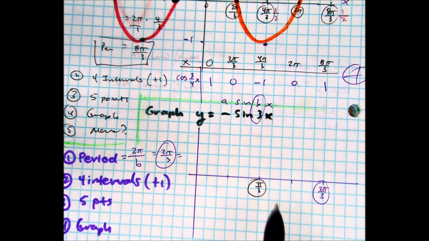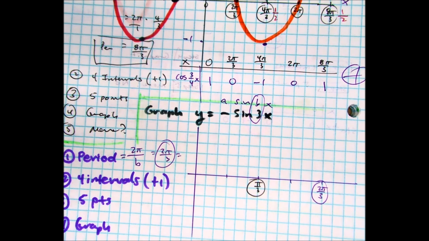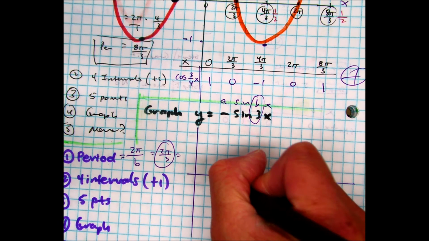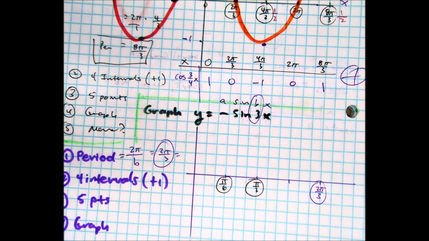Danelle, what's half of pi over 3? Louis, if I add pi over 6 plus pi over 3, what do I get?